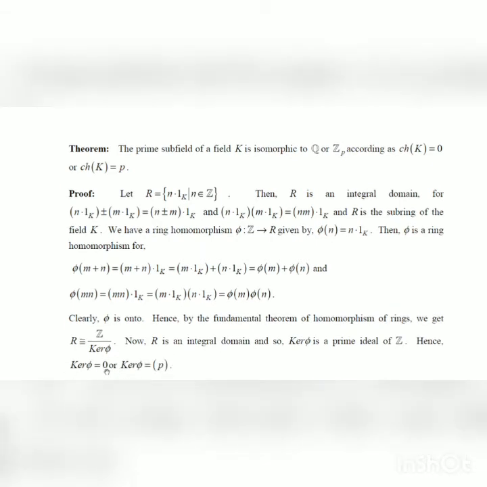By that result, since this is an integral domain, this kernel phi is a prime ideal of Z. But we know that the prime ideals of Z are the ideal generated by 0 or the ideal generated by a prime number. We have proved that result in the earlier classes. So, kernel phi has to be either the ideal generated by 0 or the ideal generated by p. We have two cases.